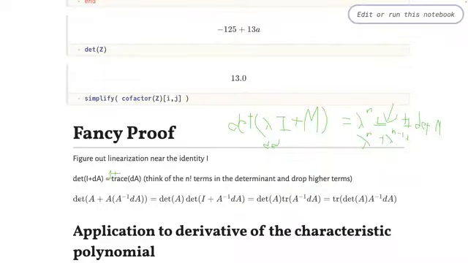And now if we want to get this anywhere, all we have to do is recognize that if we want the determinant of A plus dA, then we just go A times A inverse over here. That's just the identity. But then we can use the properties of determinants to pull out the determinant of A, and you just get I plus A inverse dA, right?